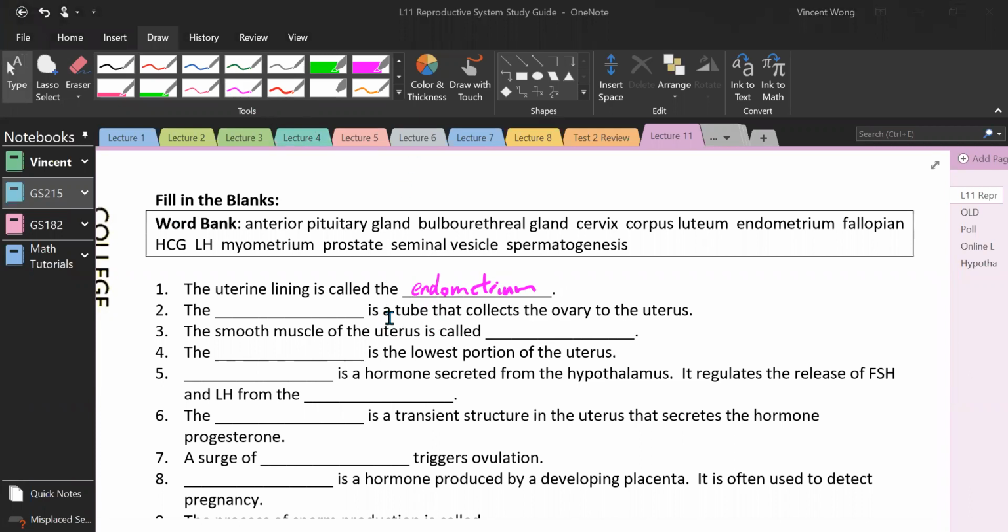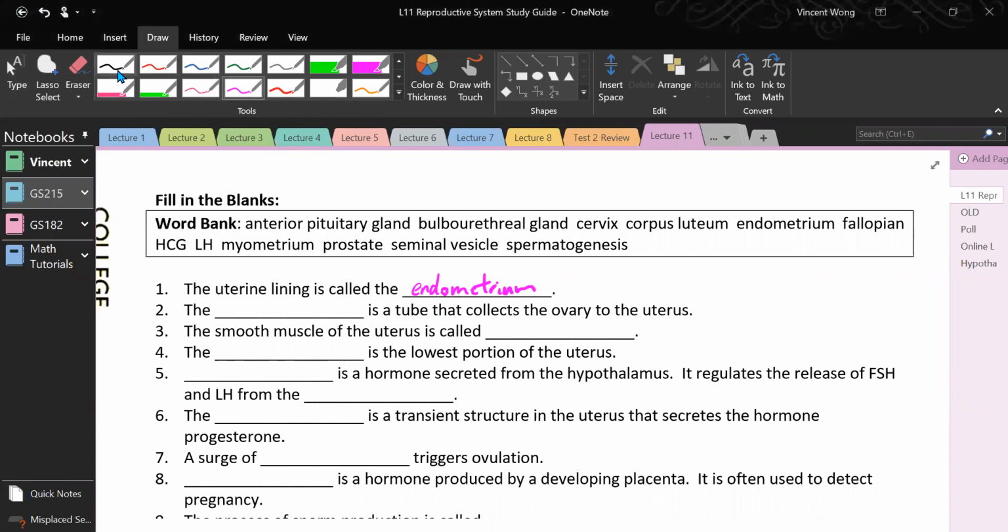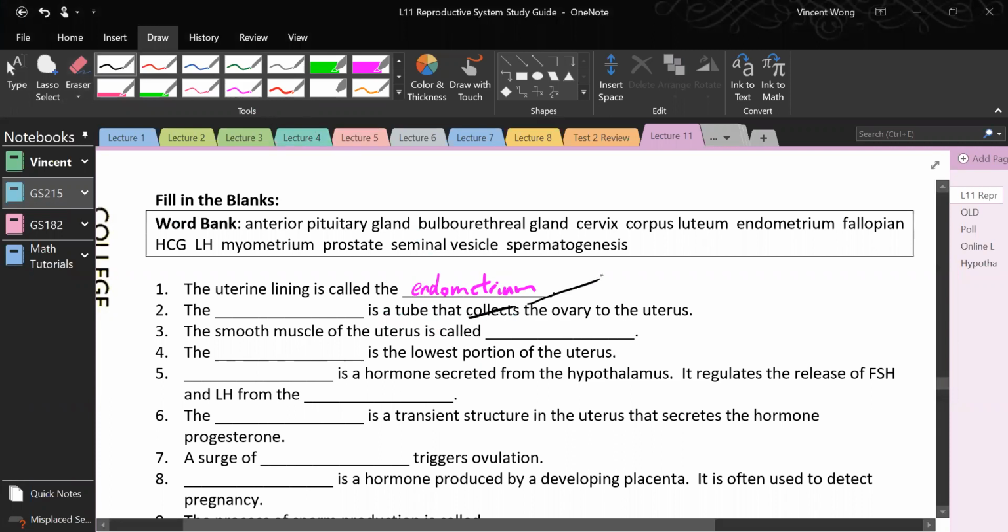The something is a tube that connects, sorry, I've got to fix all these typos, connects the ovaries to the uterus. That is the fallopian tube, also called the oviduct.